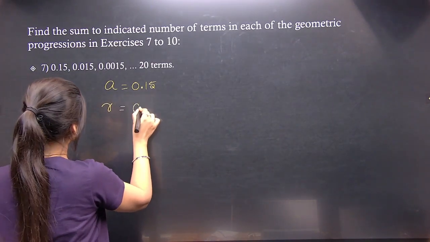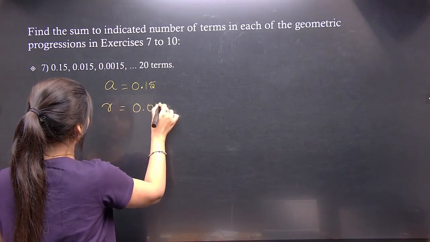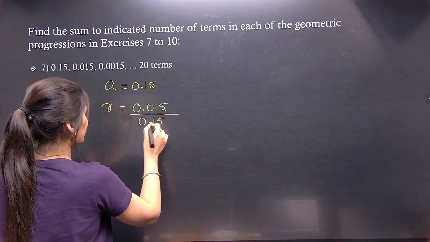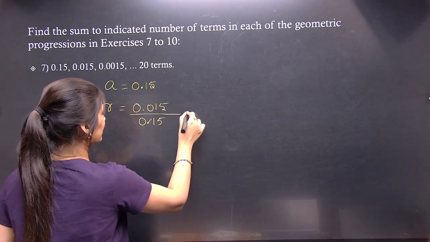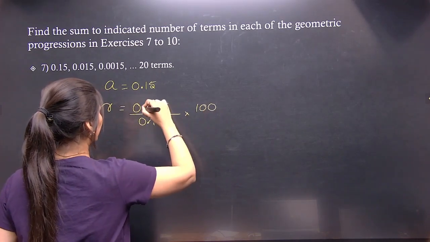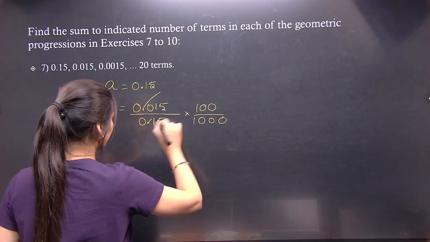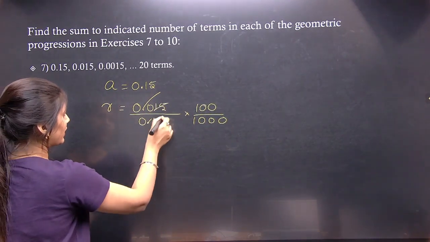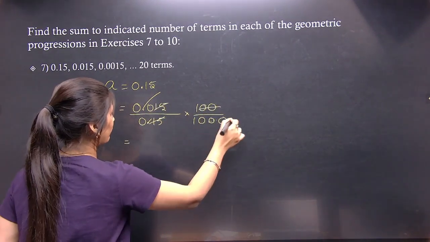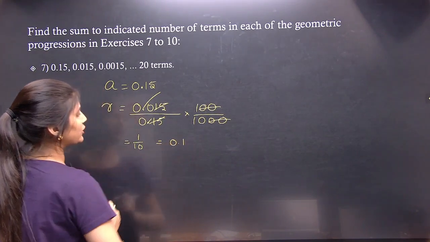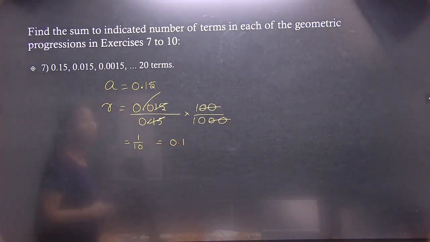R is 0.015 by 0.15. So if I remove this, it will give 100 at the numerator, and if I remove this, it will give 1000 at the denominator. So it is 1 by 10, or we can say 0.1. So common ratio is nothing but 0.1.